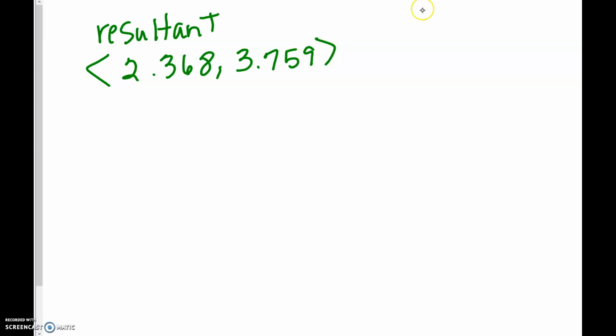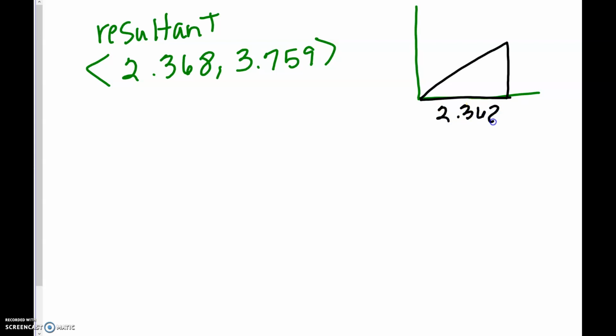So basically what we have is a new vector in here, and the X value is 2.368, and that Y value is 3.759. They want to find the magnitude or the speed of this, and the speed is going to be your distance.